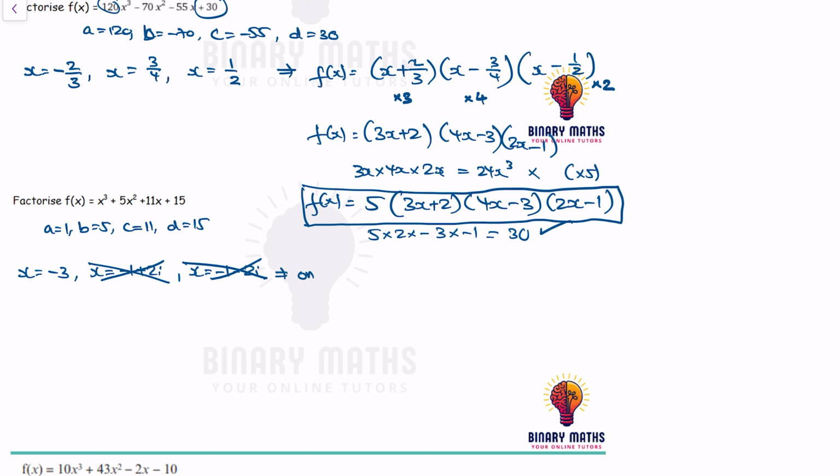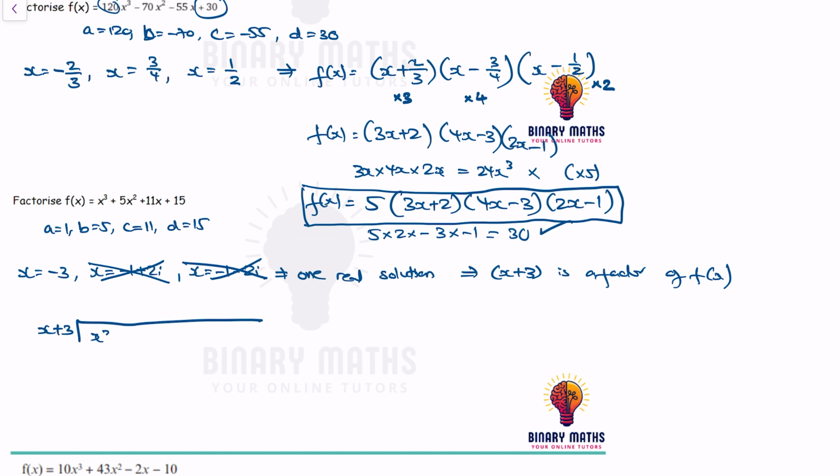So in order to factorize it, because we only know one real solution, we just need to do a polynomial division. So if x equals minus 3 is obviously a solution, it means also that x plus 3 is a factor of f of x, which means I need to do x plus 3 divided into x cubed plus 5x squared plus 11x plus 15.